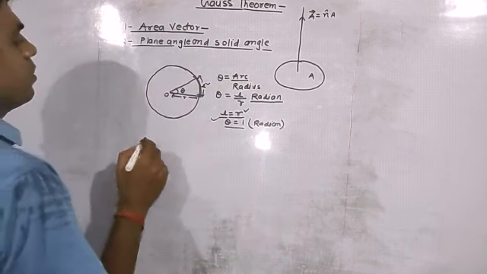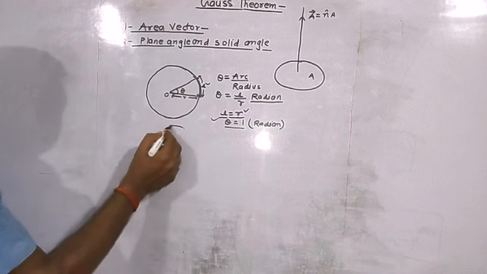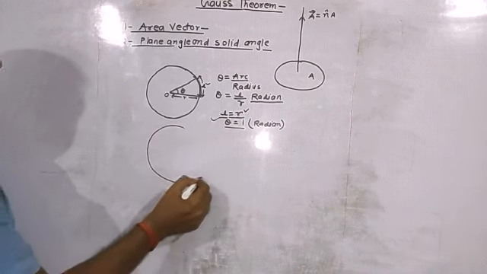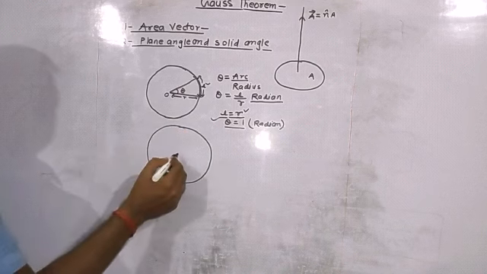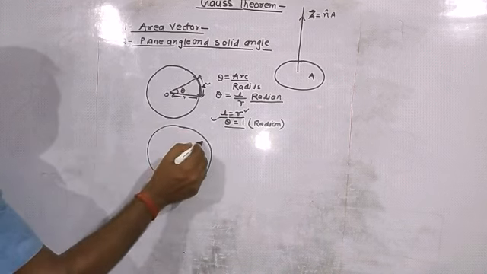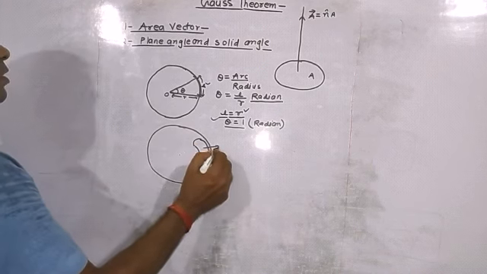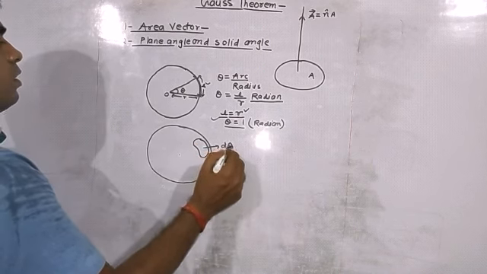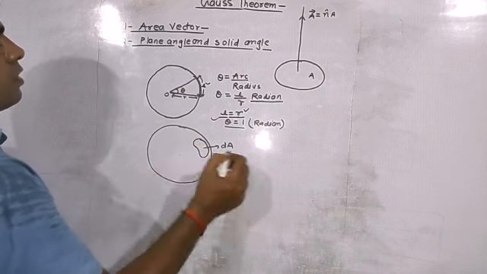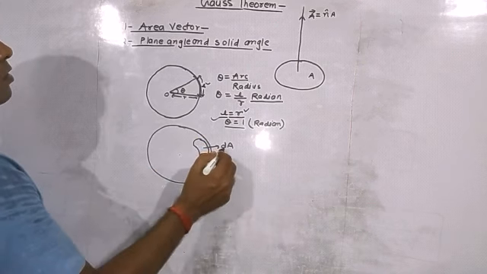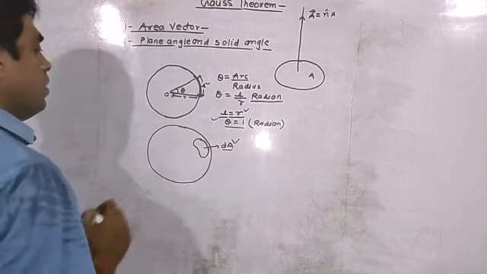Now what is the solid angle? Solid angle means, suppose we have taken some kind of a sphere and we have chosen some particular area over the sphere. This particular area is represented by dA. The entire area of the sphere is A, and this particular area is considered as dA.